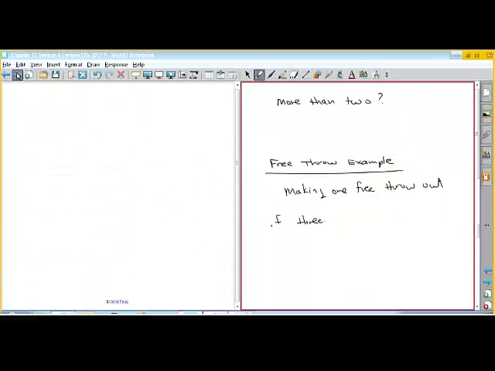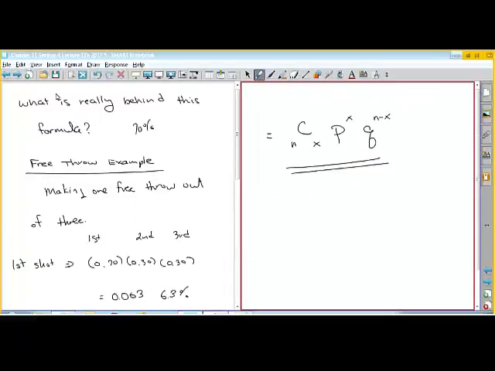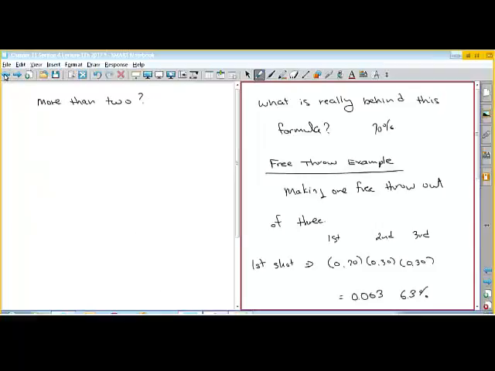Okay, before we answer this question here about the free throws, I was going to explain where this formula comes from. So I'm going to use an example using free throws again to show you how you can figure out the answer the long way, and then how the formula is sort of a shortcut way of answering the same question.